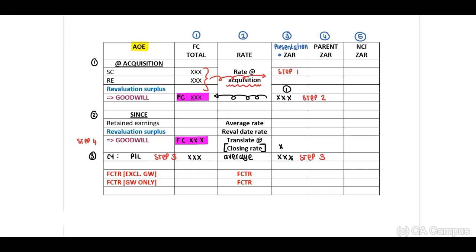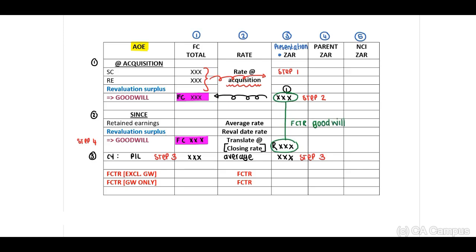This will then provide us with a rand value. And you need to compare the rand value that we have recognized in our at acquisition date with the rand value of our since period. And this difference will be your FCTR relating to your goodwill.